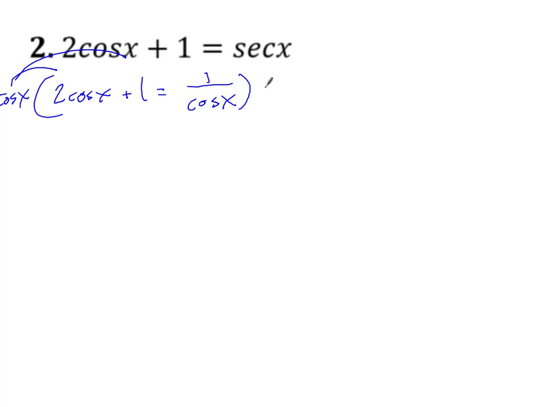And what I get on this first term is 2 cosine squared of x, then plus cosine of x. And when I multiply 1 over cosine of x times cosine of x, those cancel out, and I end up with 1. I'm going to bring this over here to this side.